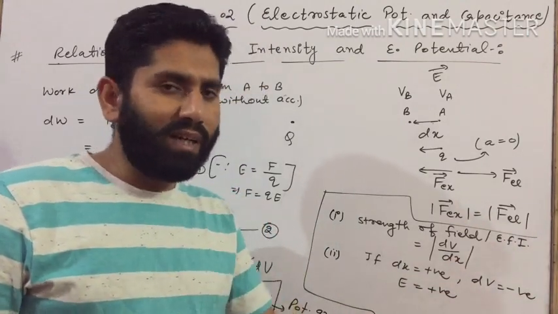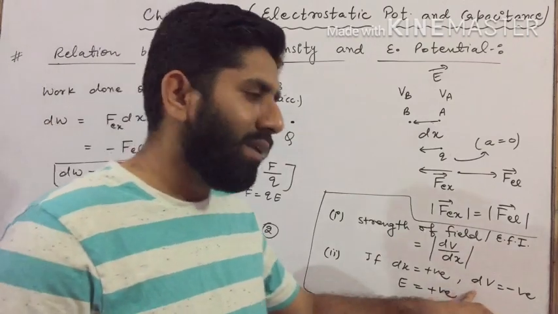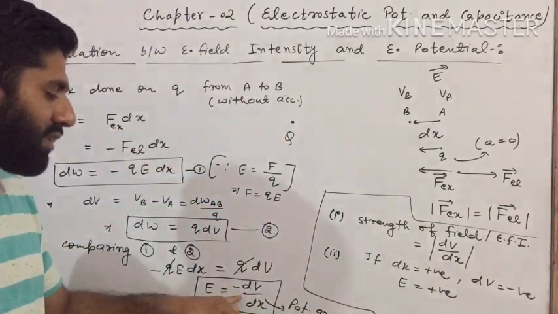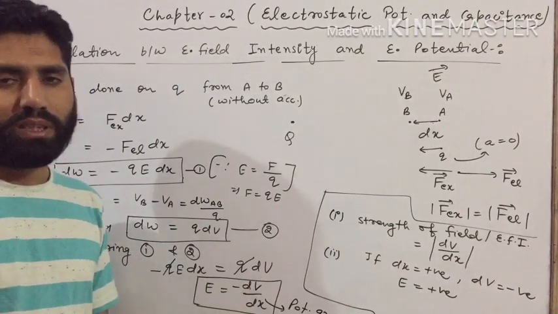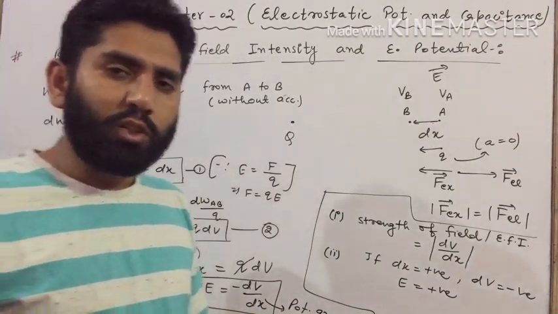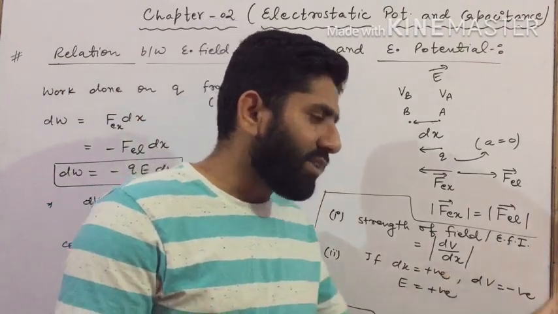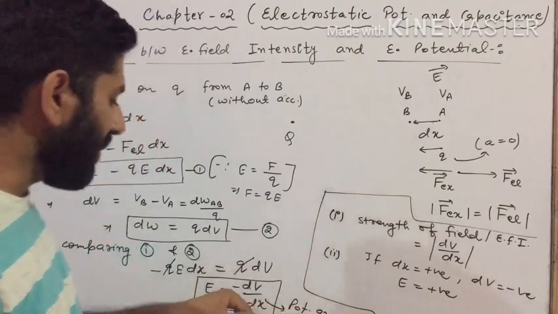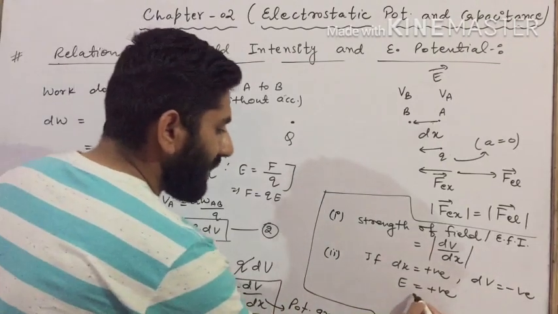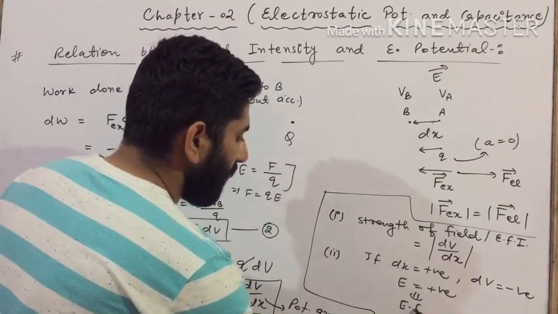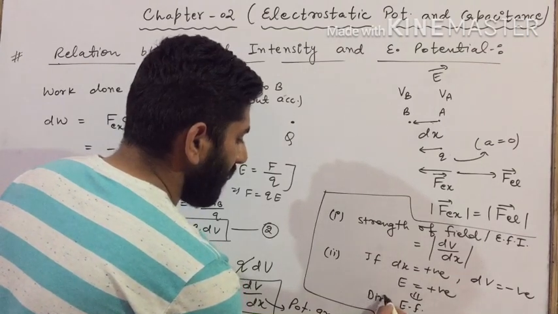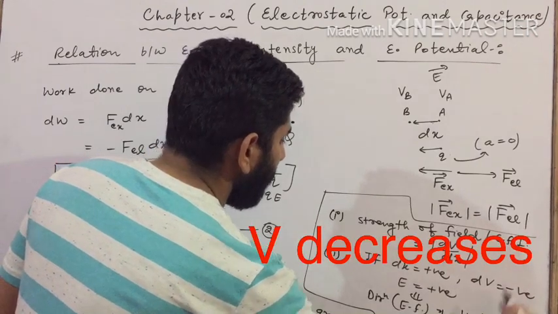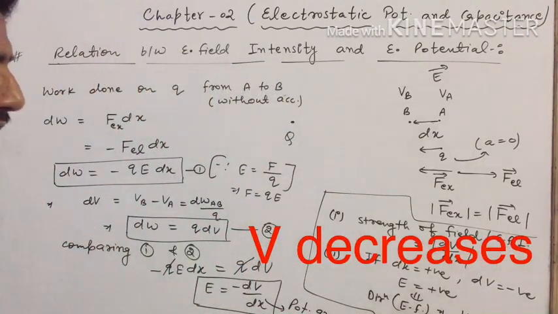Because if potential is decreasing in a particular direction, then this dV term will be negative, and already there is a negative sign, so negative and negative become positive, and hence the electric field should have a direction in which the potential keeps on decreasing. So that is the significance of this negative sign, which indicates that the direction of the electric field should be such that potential decreases in that particular direction.